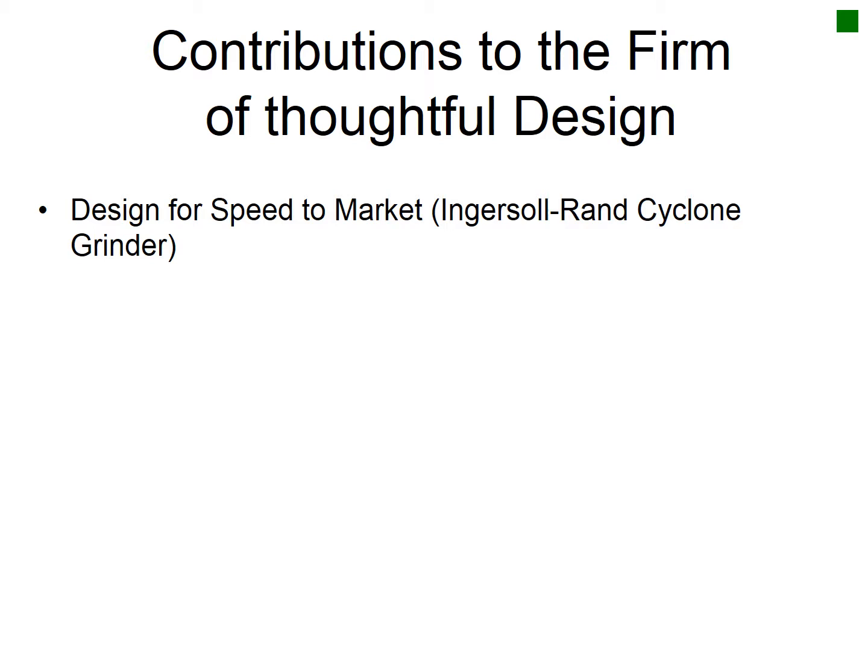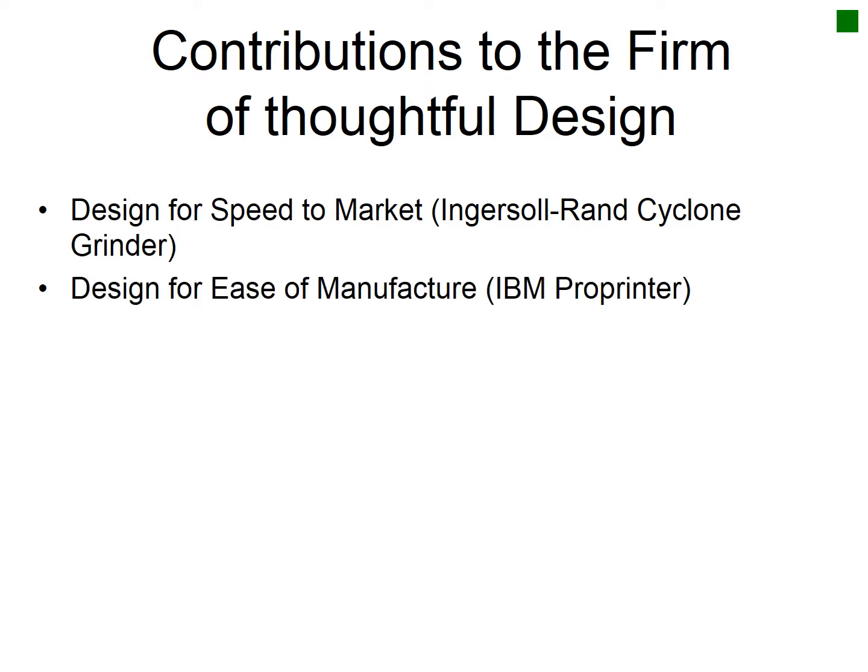But also, from a production standpoint, if your product is consistently designed, then your production can stay consistently similar across products. So there's a speed of production that is included, as well as a speed of market acceptance. We also have ease of manufacture. So again, in manufacturing the product, the design of it makes sense.